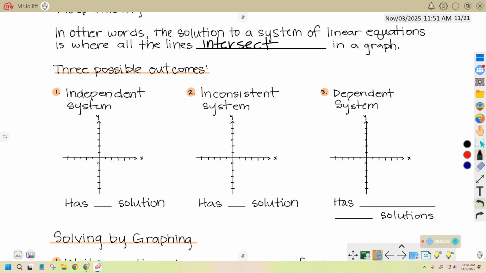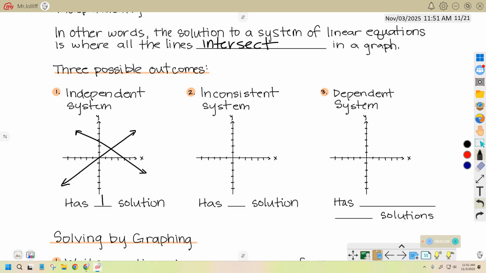The first is that my system has exactly one solution. There is one point in common. The lines only cross at one point. We saw that in our bell ringer today. I had one line that tilted up. I had one line that tilted down.